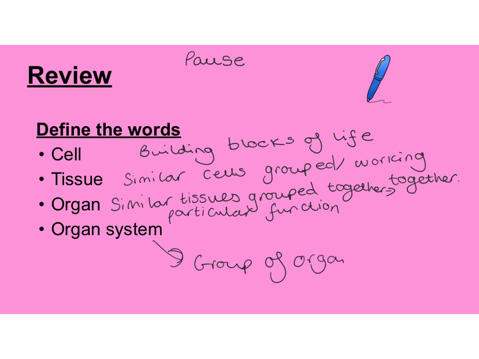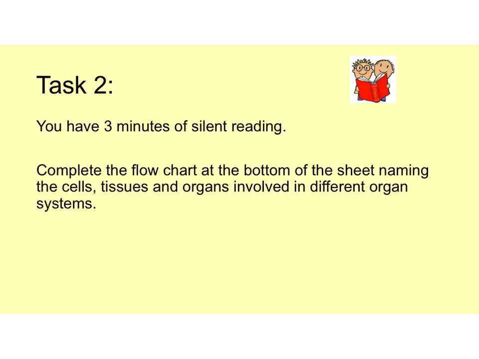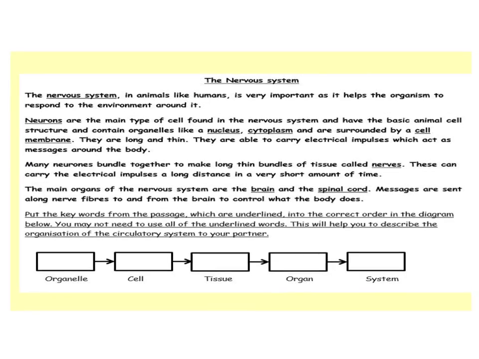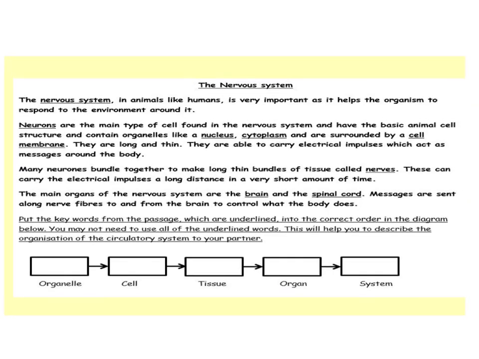Okay, so on the next two slides now, depending on where you are, they are in your class notebooks. You could kind of go and read them, okay? There's information. You need to read through it and then pick out the answers to the questions. So I'll go through the first one. So it's loads of information about the nervous system. I'm not going to read it to you. It says, and then down here, put the keywords from the passage which are underlined into the correct order in the diagram.